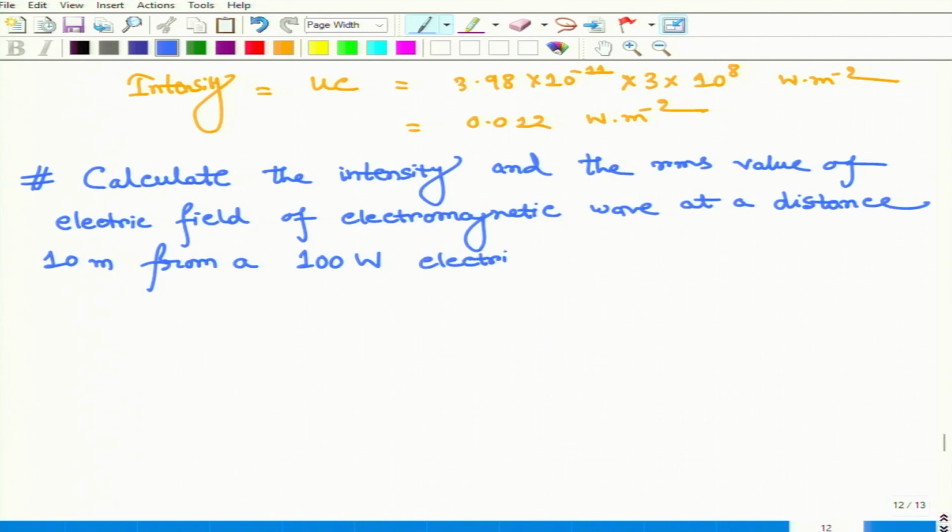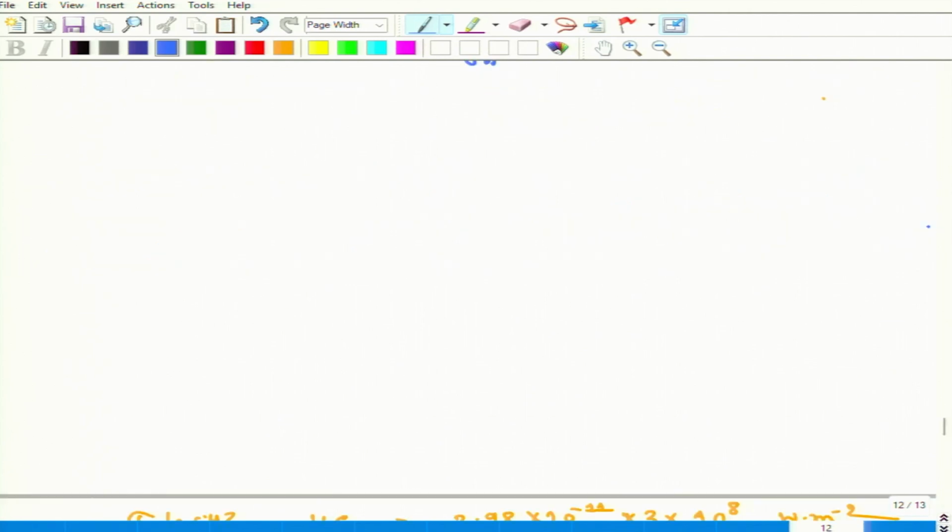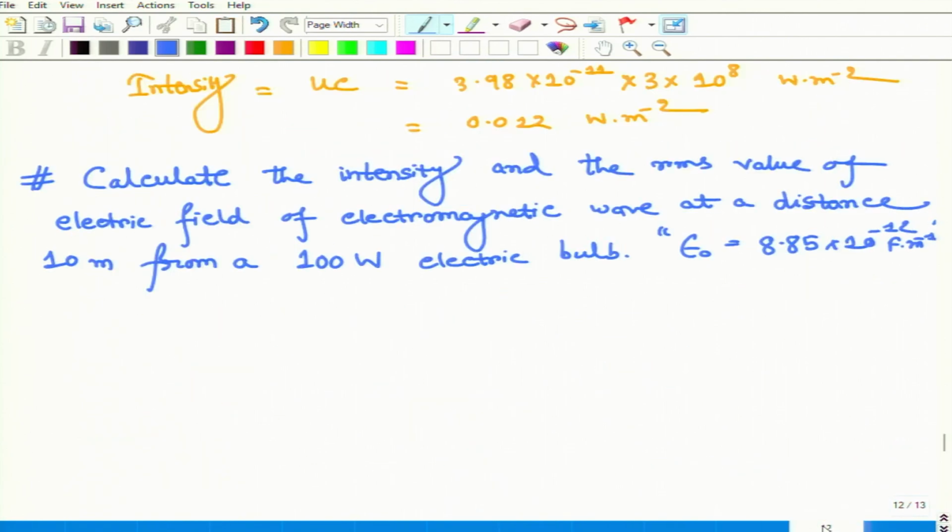Good question. And given epsilon naught is 8.85 into 10 to the power minus 12. Okay, so this is the given material.